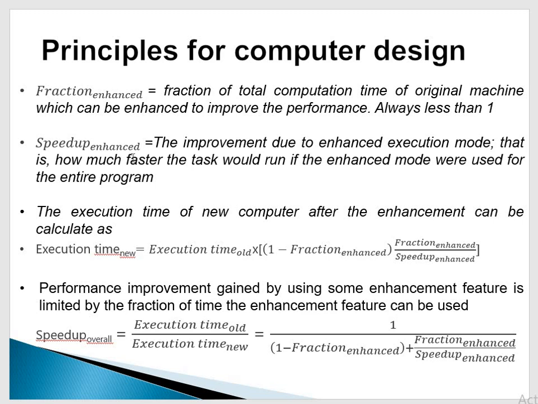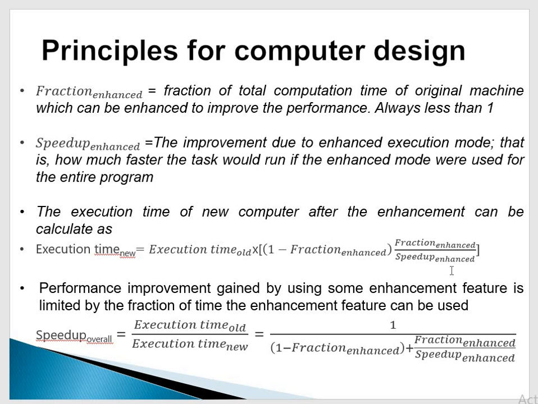Now we will also be interested to calculate the execution time of the new computer. What will be the execution time of the new computer? That can be calculated as: execution time new will be equal to execution time old into (1 minus fraction enhanced) plus fraction enhanced upon speed up enhanced. So this is the way we can evaluate the execution time for the new machine after incorporating the enhancement.